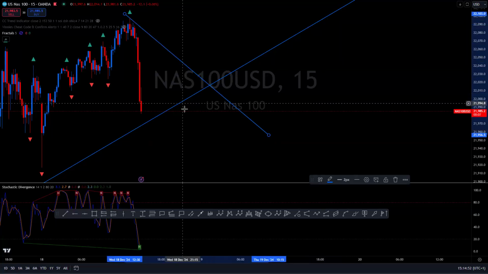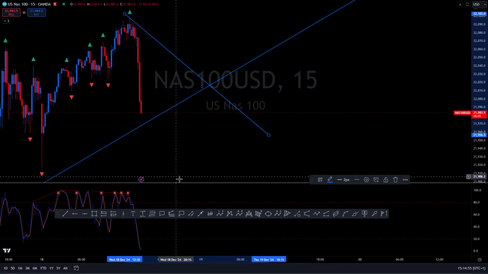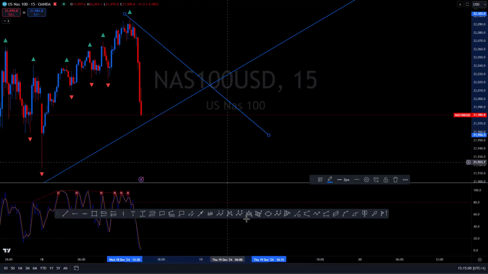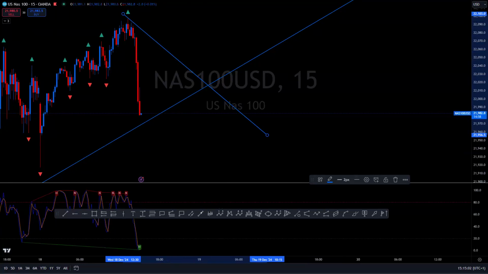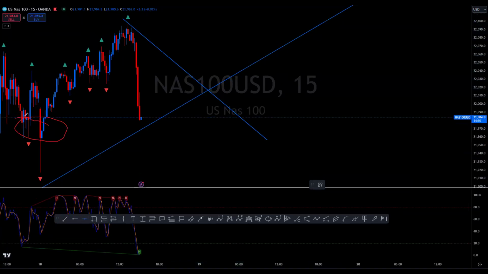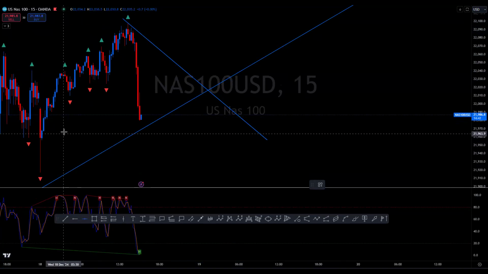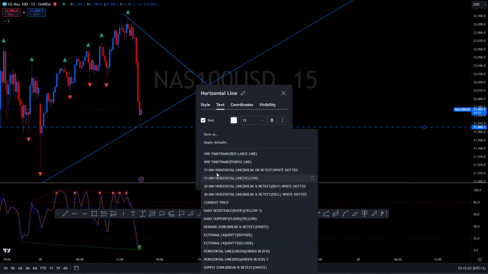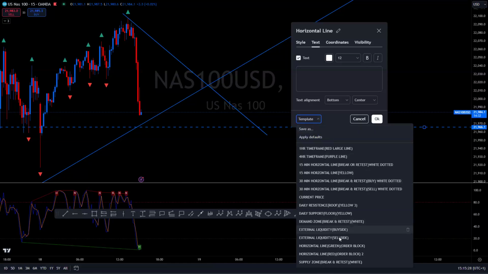So we're just going to stick at the fact that currently, at this moment, price is in a bearish movement. Then we're going to draw our external liquidity and then our internal liquidity, and then figure out what the market is trying to do. We see that there was a lot of liquidity grabbing in this area here. So we can probably say that there's a lot of liquidity in this area. So we're going to draw external liquidity right around this area here. So these are external liquidity on the sell side.